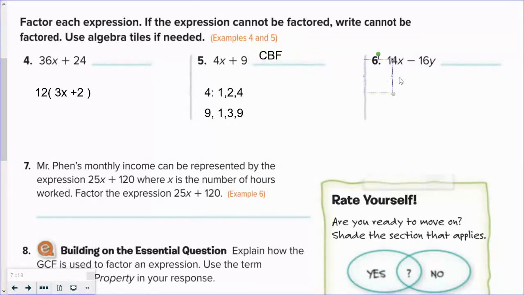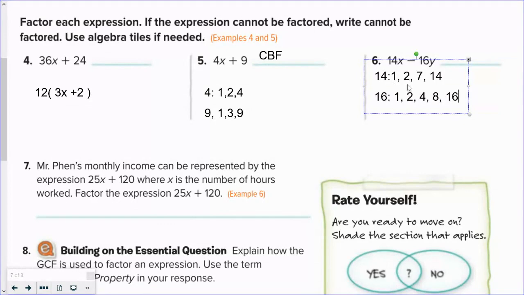Okay, 14 and 16. Numbers we multiply for 14: 1, 2, 7. Now obviously 14. 16: 1, 2, because it's even. 4 times 4. 8 times 2. And 16 times 1.